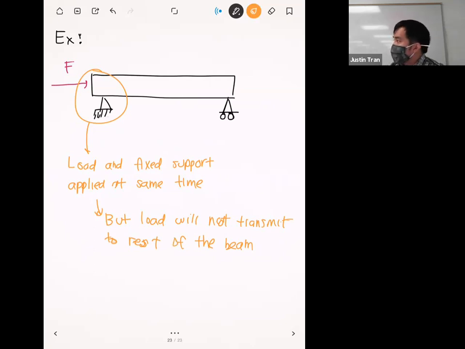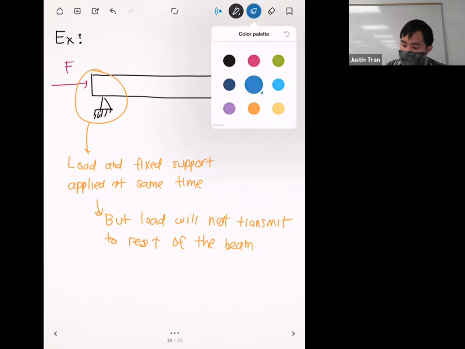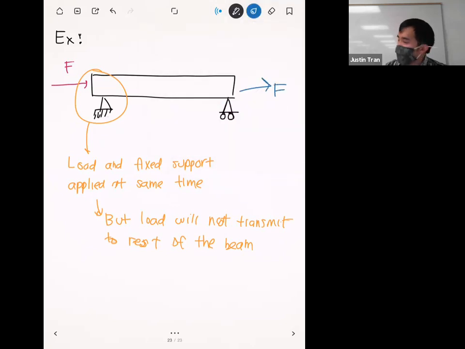Right, and so if you actually wanted to get some kind of deformation on this beam, you would apply this force on the other side, right? Because that other side is free to deform because it has the roller, okay? And then that deformation is gonna propagate to the rest of the beam.